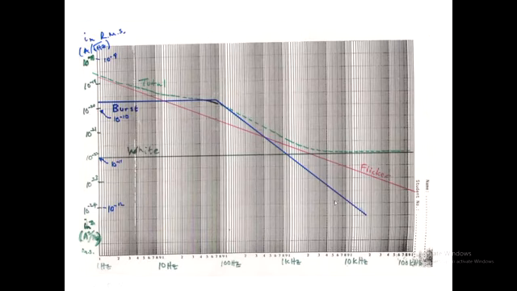Part of the question asks what the flicker noise regions are, and they're basically where the flicker noise exceeds everything else. So there's a region here, and a region here, where flicker noise is greater than everything else, and this would be the burst noise region, and then there's a white noise region over here.